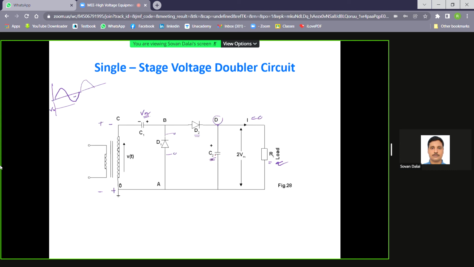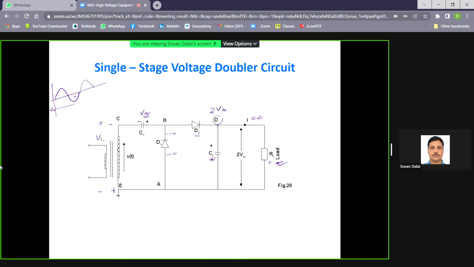It charges capacitor C2 to which voltage? 2Vm, sir. 2Vm potential.